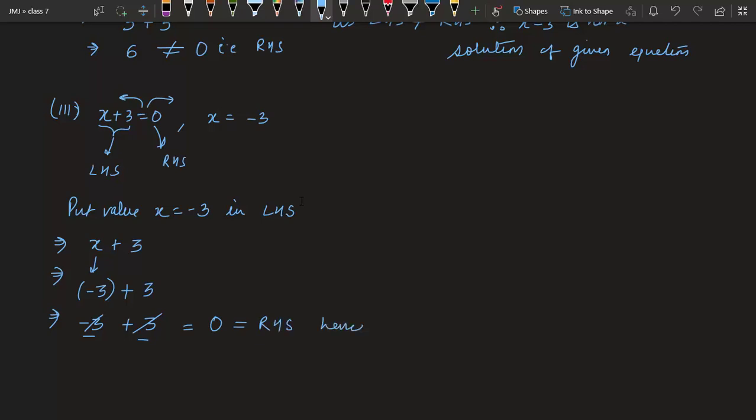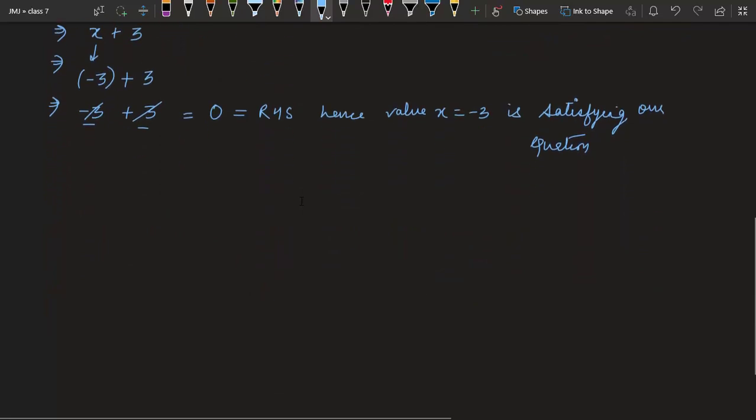Hence this value x is equal to minus 3 is satisfying our equation. So the third part, you can say this value is satisfied.